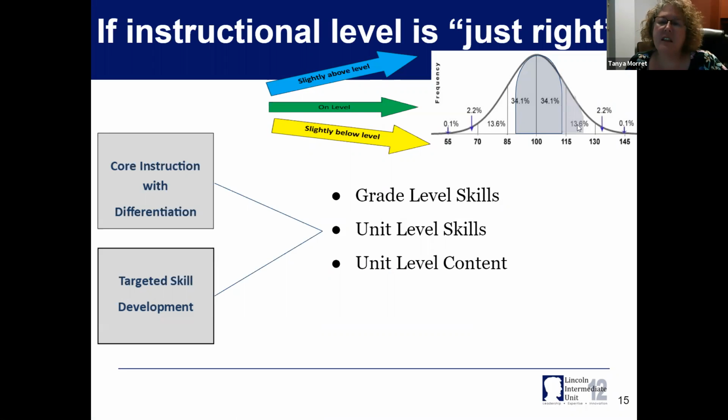Hopefully this is your largest group of students. Ideally in an MTSS framework, we want this to be like 80 to 85% of our students, but we're going to take whatever we get, whatever they come to us with.